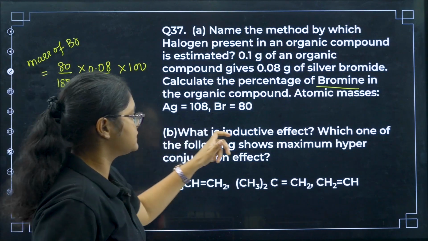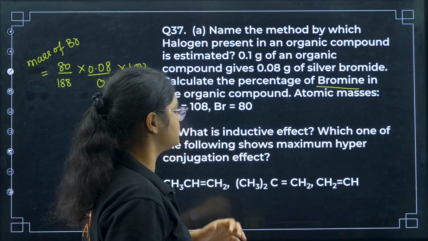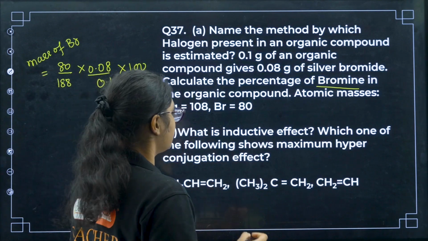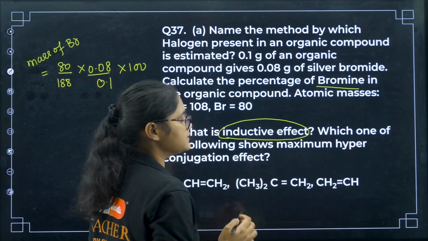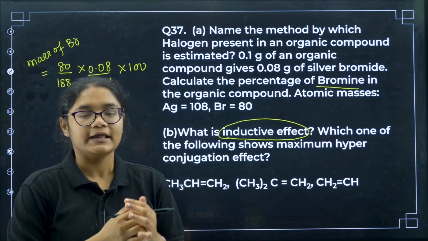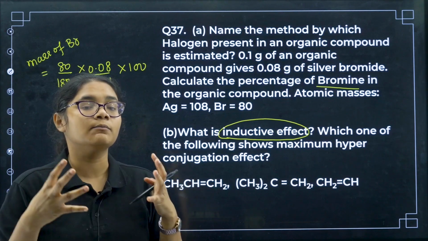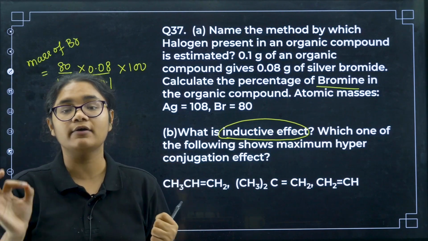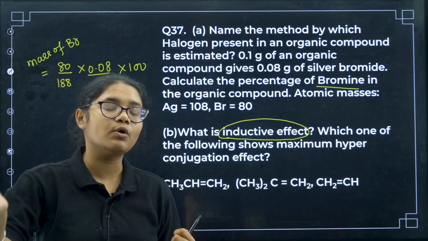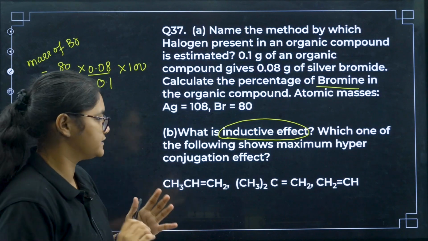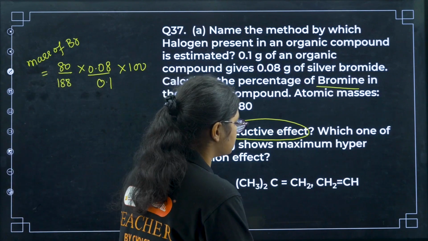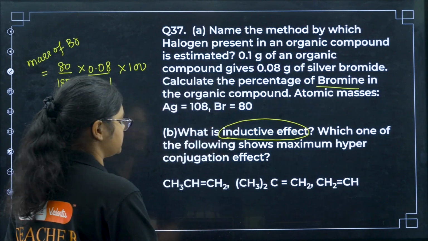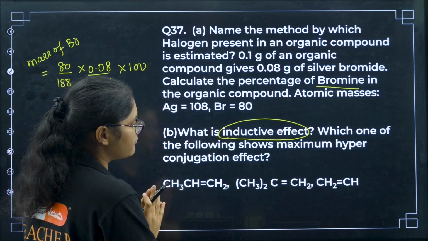Okay, next, what is inductive effect and which one of the following shows maximum hyperconjugation effect? So inductive effect is what? It is the pulling of electrons, right? It is the pulling of sigma electrons by the more electronegative atom towards itself. Now, which one of the following shows the maximum hyperconjugation? So you have to see the number of alpha hydrogens here.